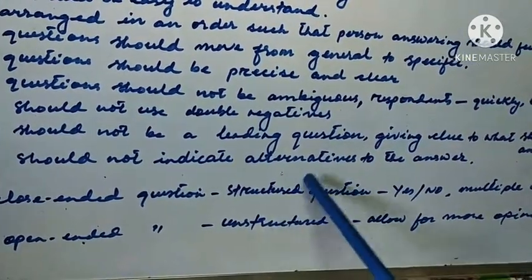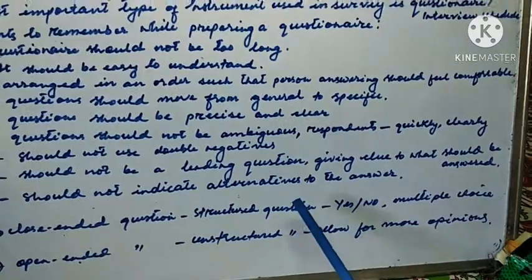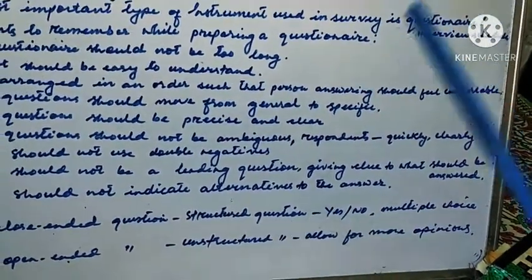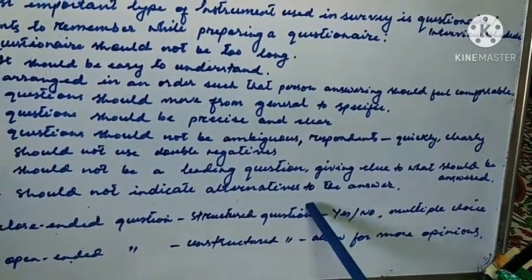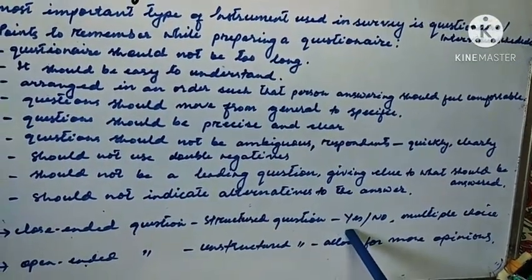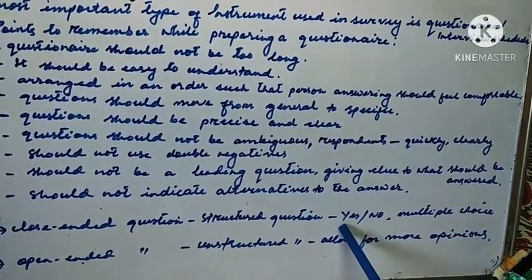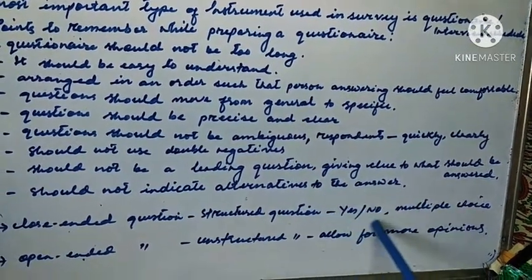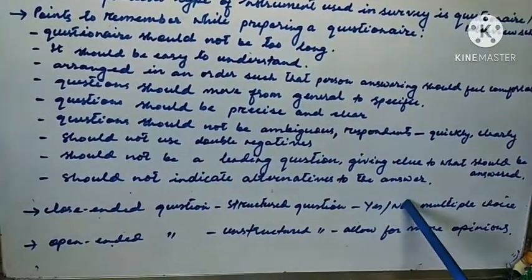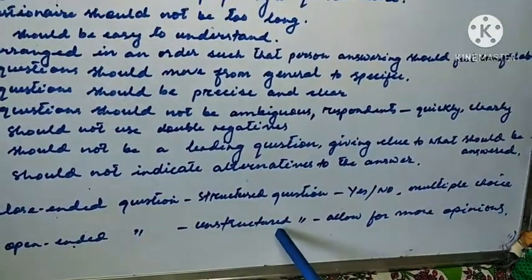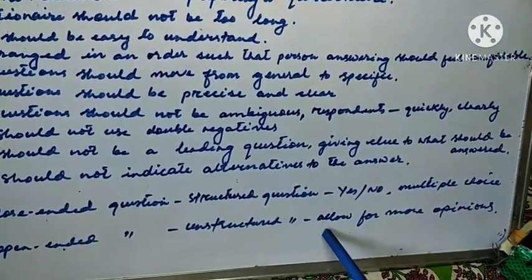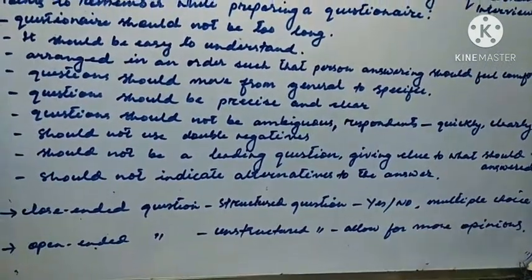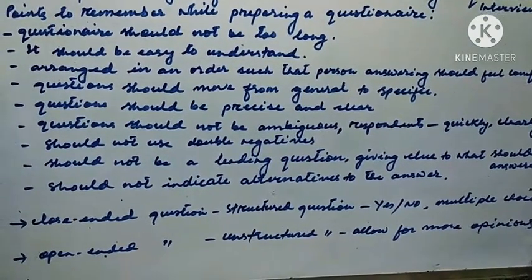It allows the respondents to give more opinions and more ideas, and the answer is not fixed. Unlike close-ended, where you just have to say yes or no, or they give multiple choices and you just have to choose one. So it is fixed, already structured. But in an open-ended question, it is not structured. It allows for more opinions. You can describe your own opinions and give your own answers.